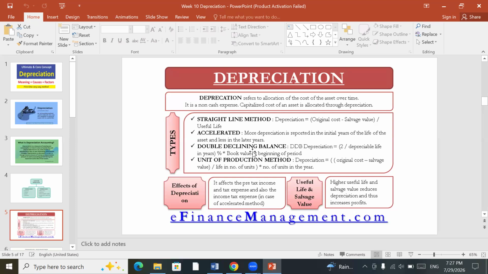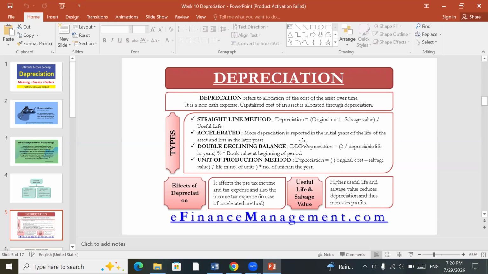Accelerated depreciation method. More depreciation is reported in the initial years of the life of the asset and less in the later years. That is the accelerated. In the early or very beginning stage of the asset, you have to show more depreciation, and later comparatively you show less depreciation amount.